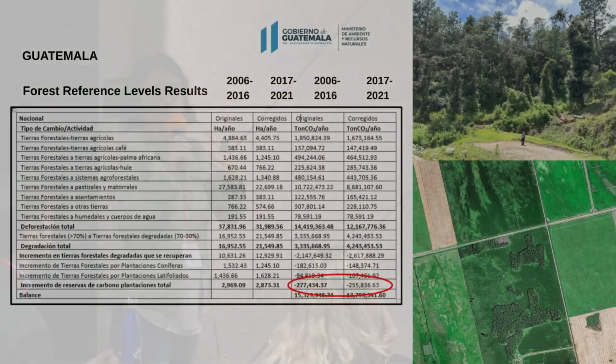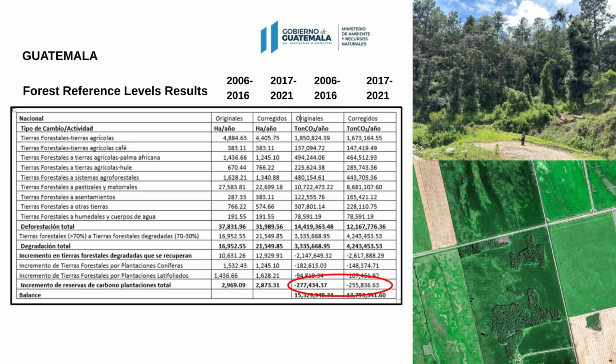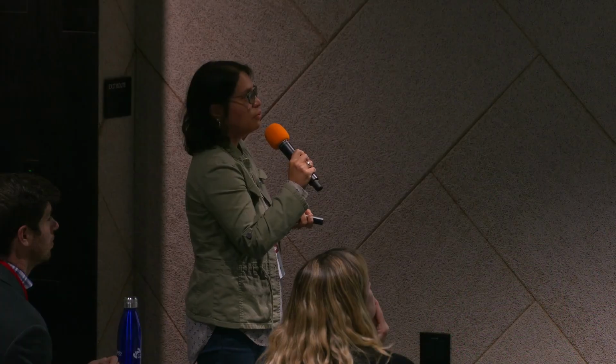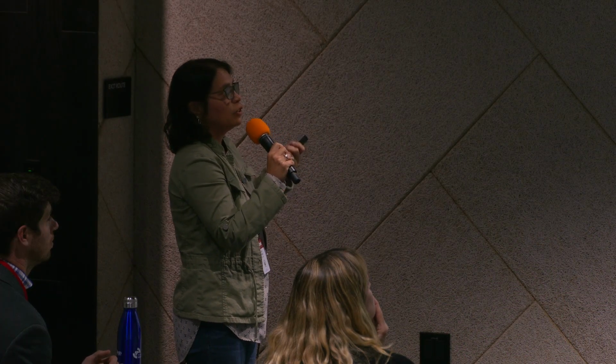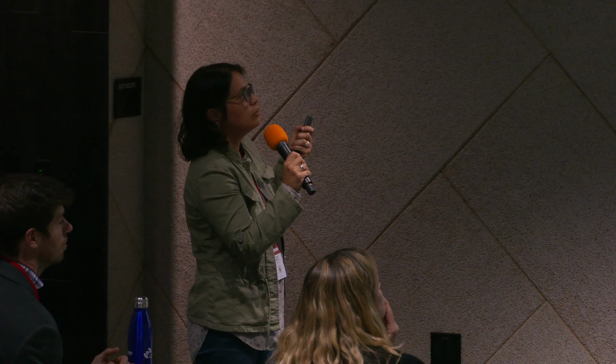So that was a minus on their total balance. But still, Guatemala, improving methodologies using cloud computing, has a balance of 2 million tons of CO2 per year.